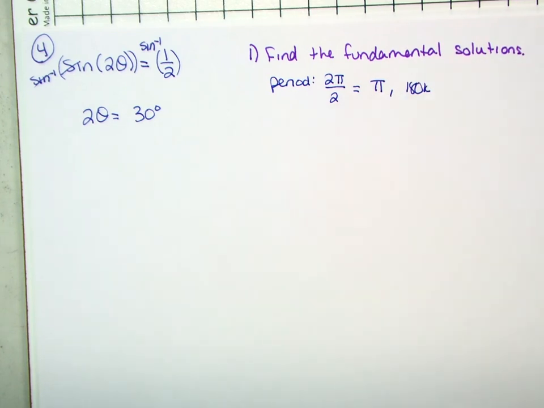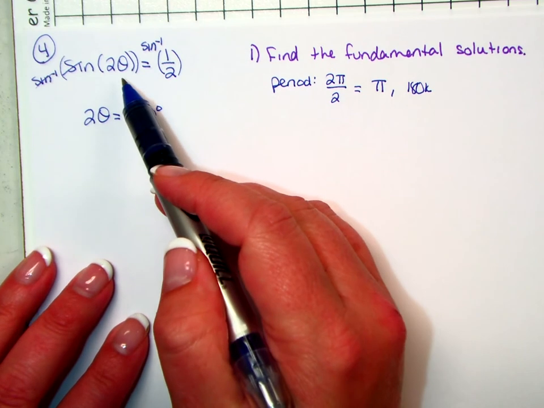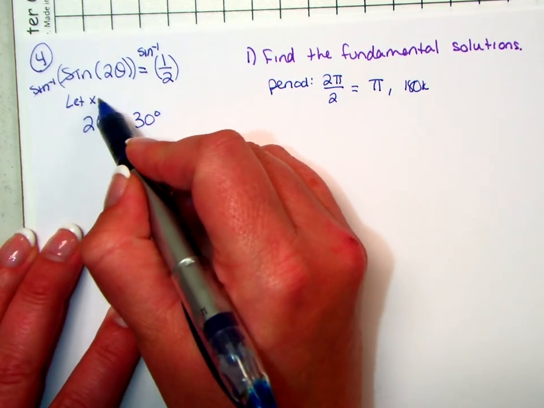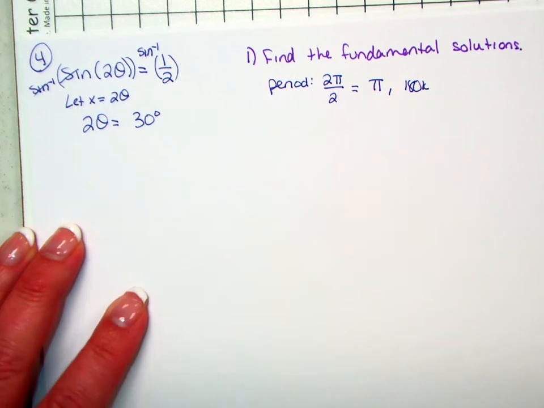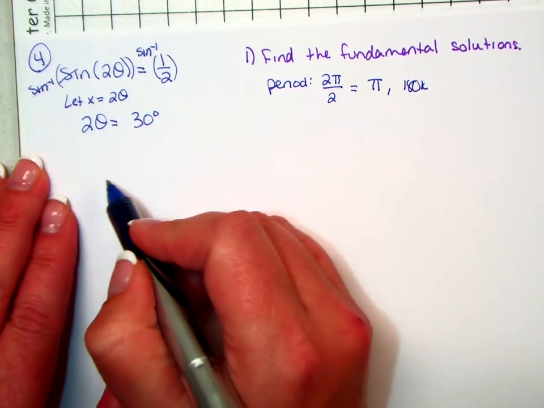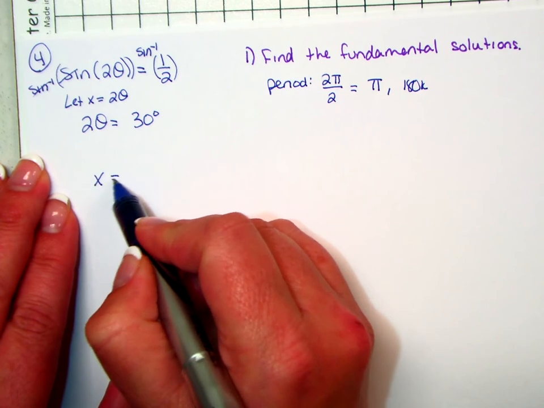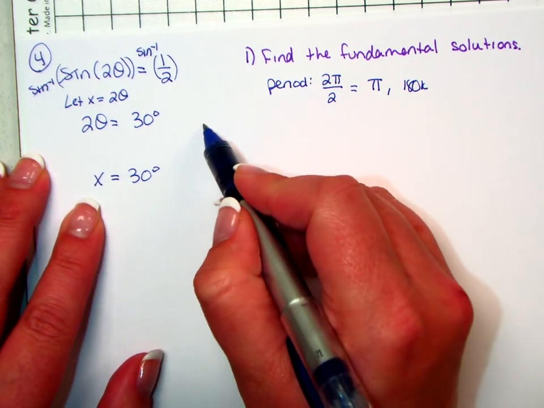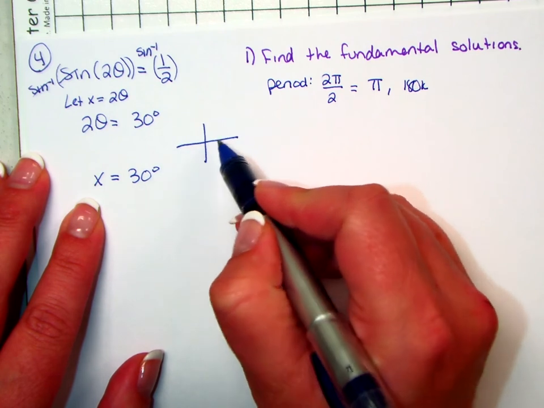Now, I didn't do this. I probably should have. We really should have done a substitution, okay? Let x equal 2 theta, right? And solve this for x. So instead of 2 theta equaling 30, I'm going to let x equal 30, right? And I'm going to find all the fundamental solutions for x.